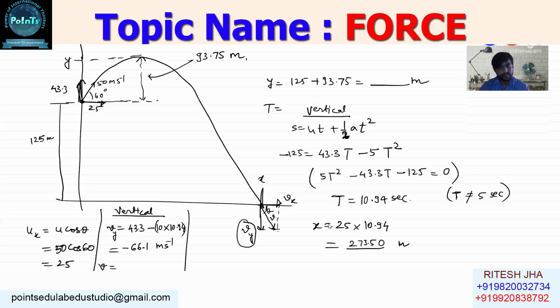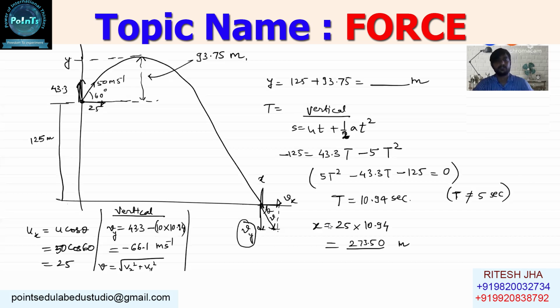Okay, so V is equal to Vx square plus Vy square. What is Vx, by the way? Vy is equal to V sin theta, so minus 66.1 is equal to V sin theta.